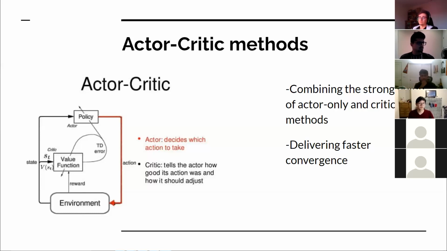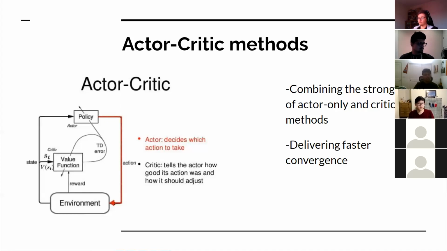You can see from the diagram, which is what Jacob was going off on, where you have the environment and the policy. You also incorporate the critic component onto it, where there's a value function, and the critic tells the actor how good the action is, and then updates the policy parameters in the direction of performance improvement for the actor.